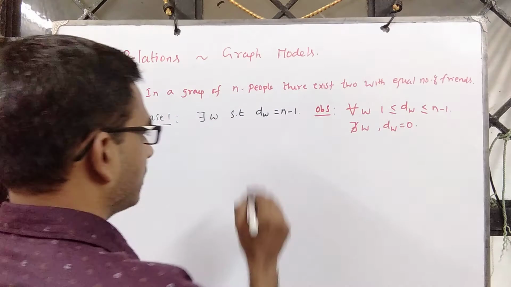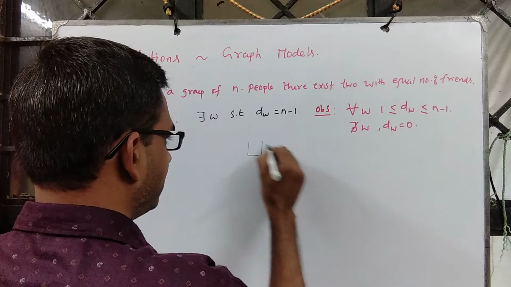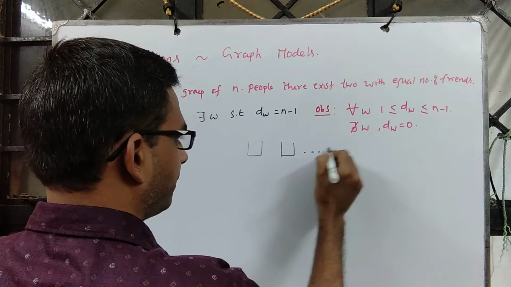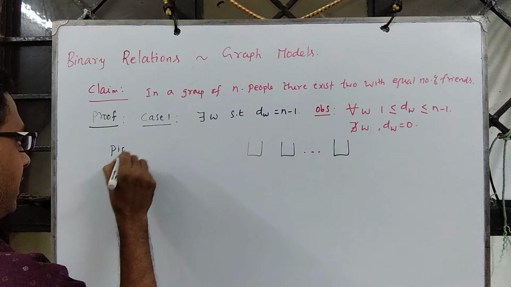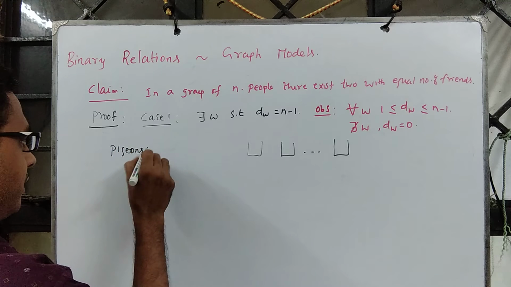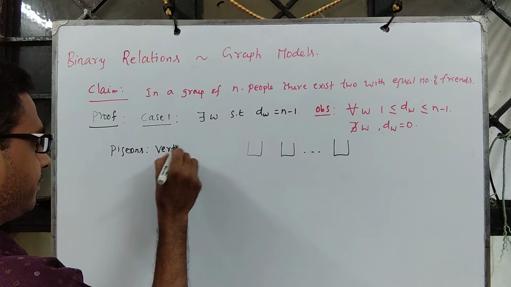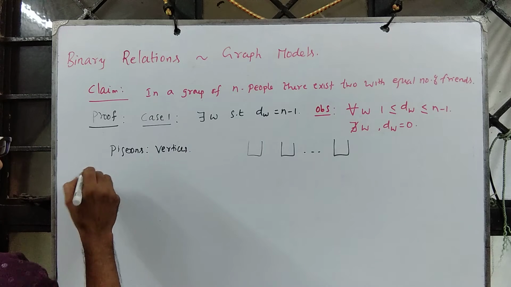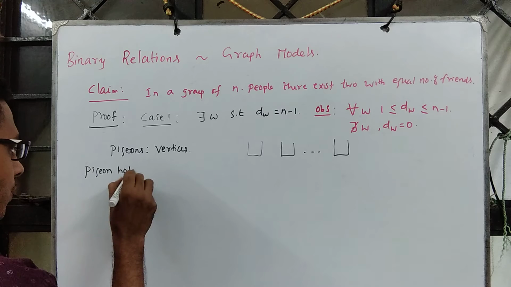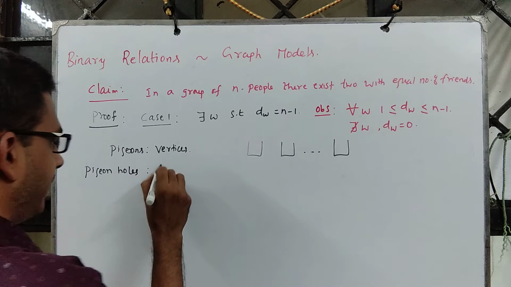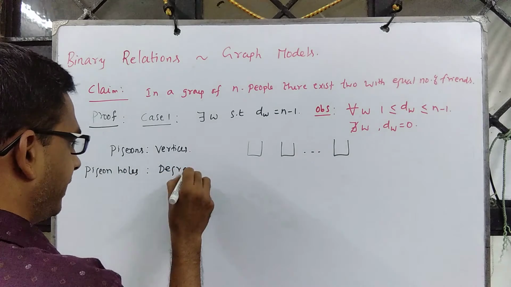In this case, what are pigeons? What are pigeonholes? So pigeons are vertices, then the pigeonholes, they represent degrees.